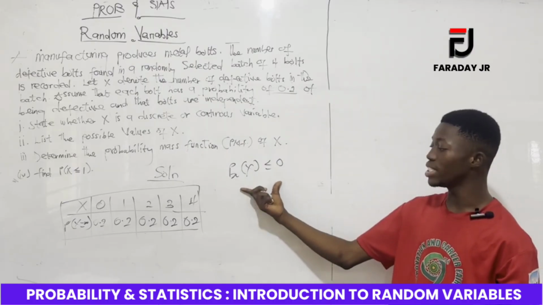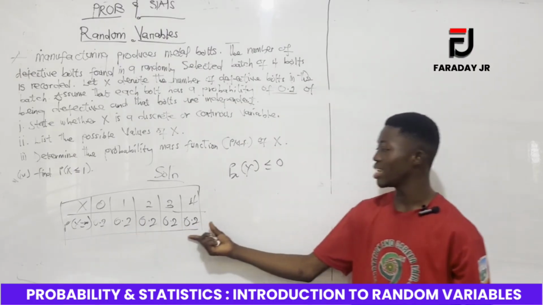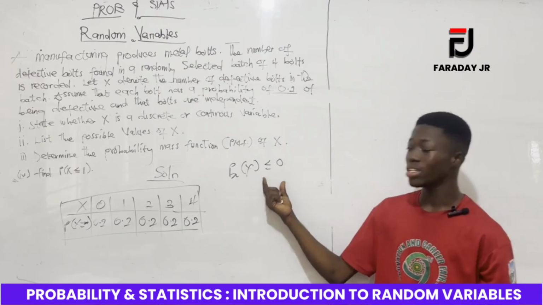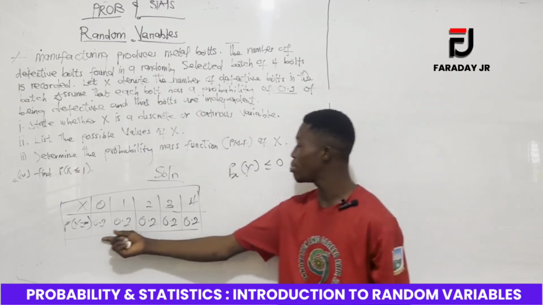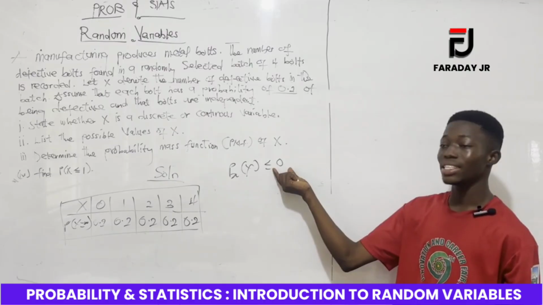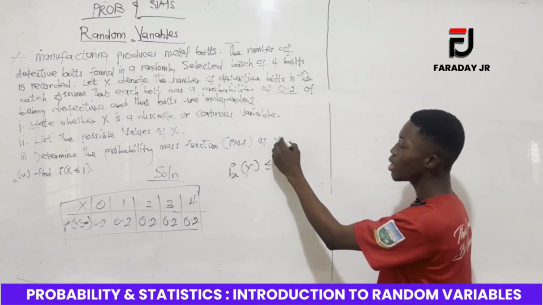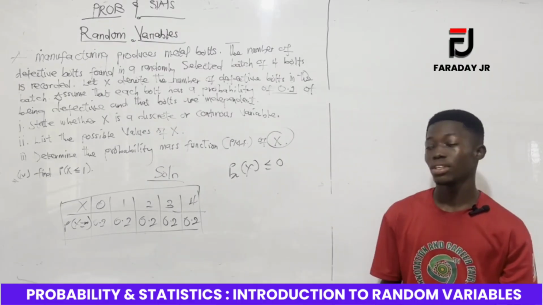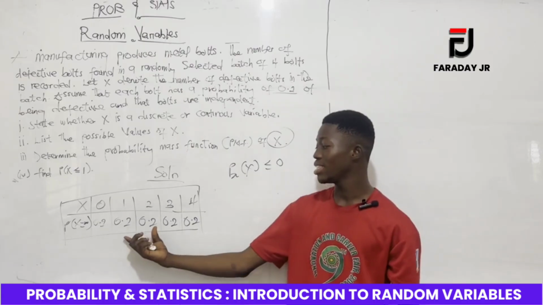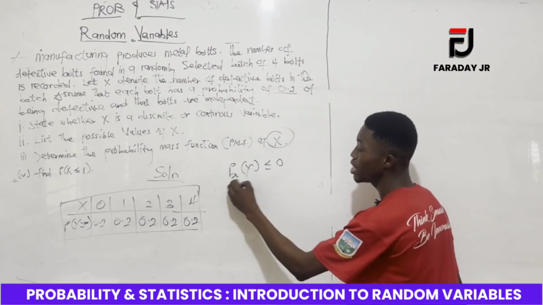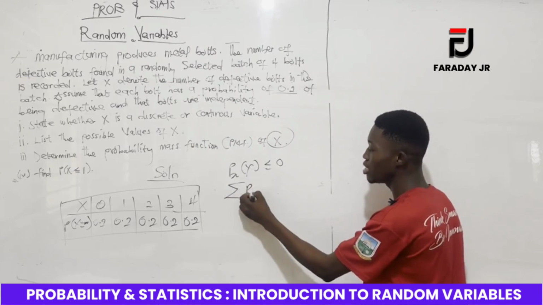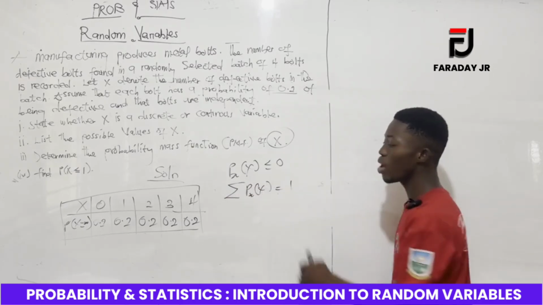For this condition, all the probabilities here should be greater than or equal to 0, and we see from 1 to 5 that all the probabilities are greater than 0 for all values of X. Now the second definition of a PMF: the sum of all the probabilities should be equal to 1.